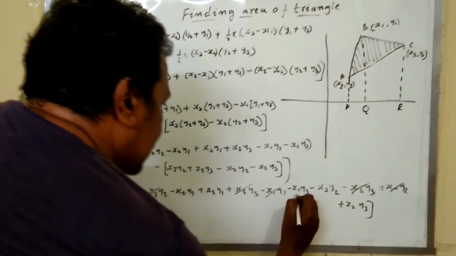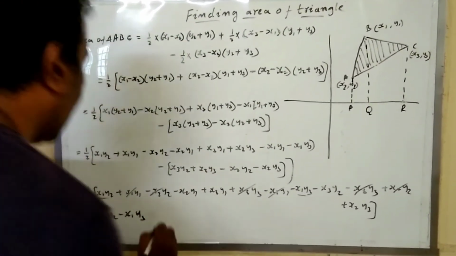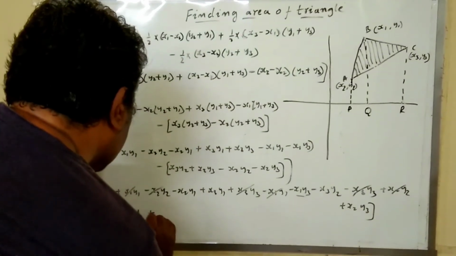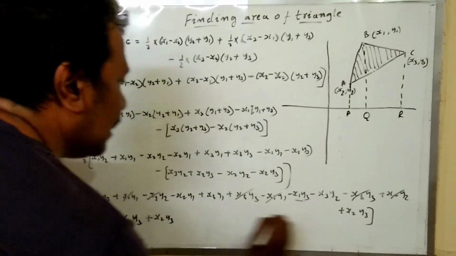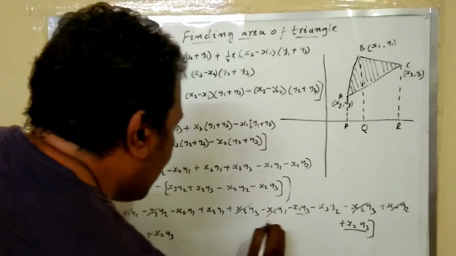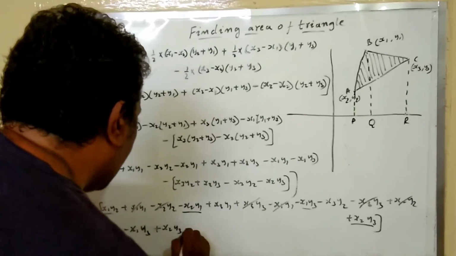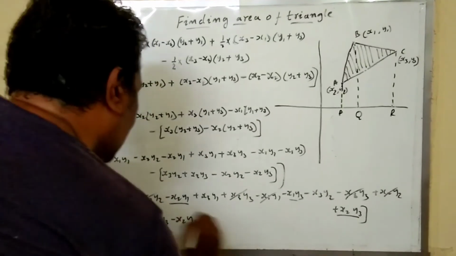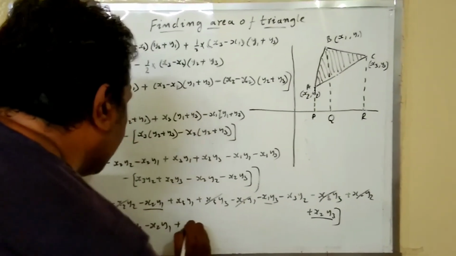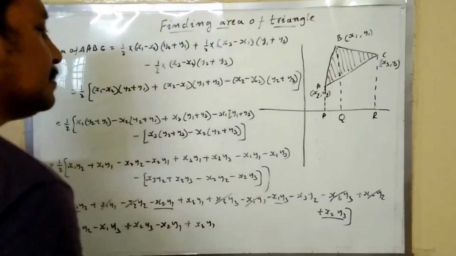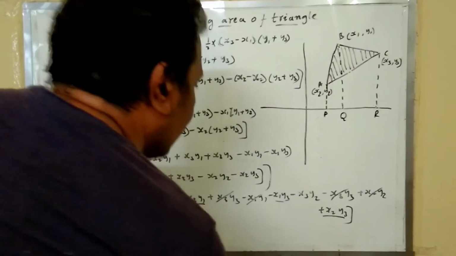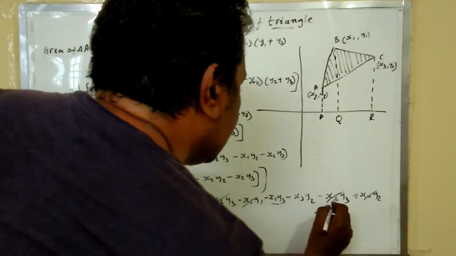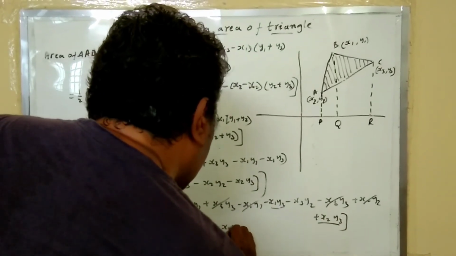These two terms are with x1. Next, the x2 terms: plus x2y3 and minus x2y1. These two terms are with x2. Next, the x3 terms: x3y1 and minus x3y2.